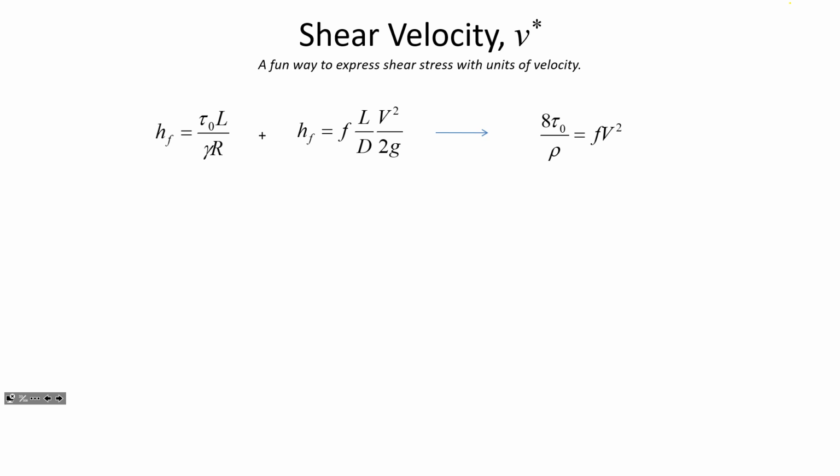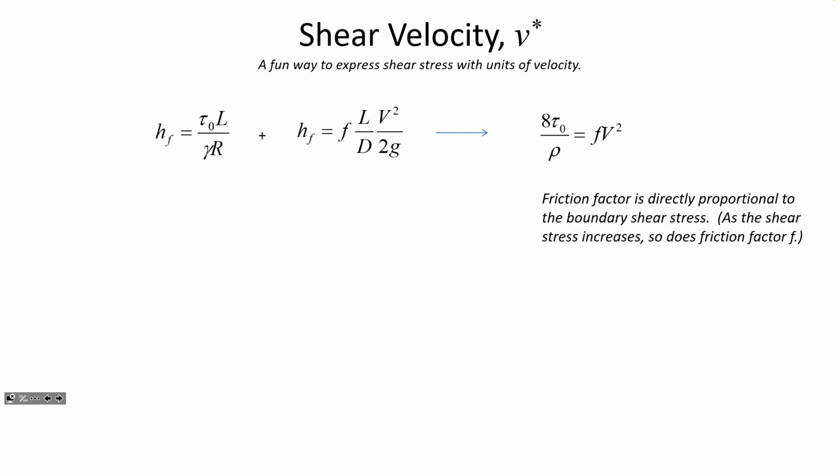But in reality, H sub F is calculated using the Darcy-Weisbach equation because we don't have a way of physically measuring the shear stress. So if we combine these two things together, then it relates the friction factor F and the shear stress.